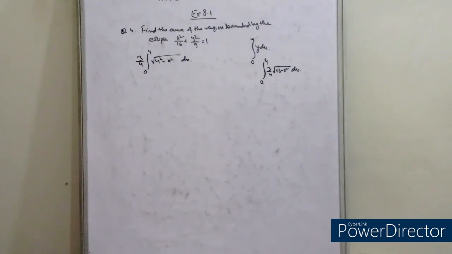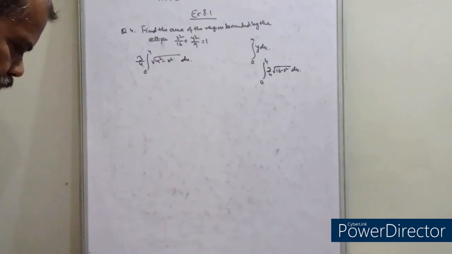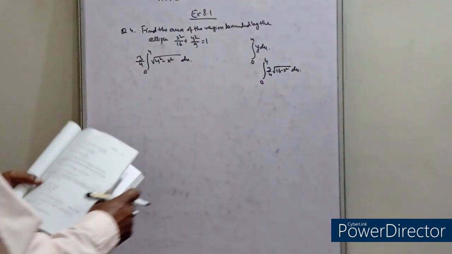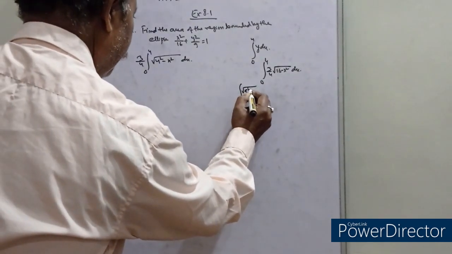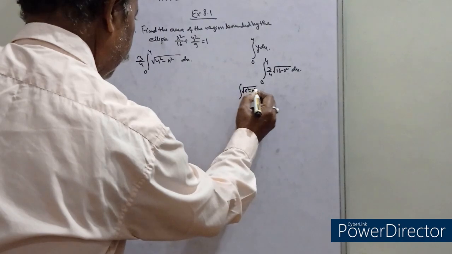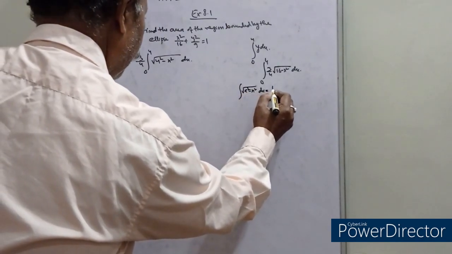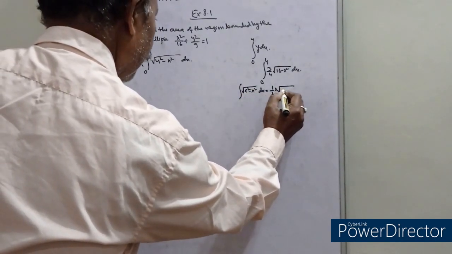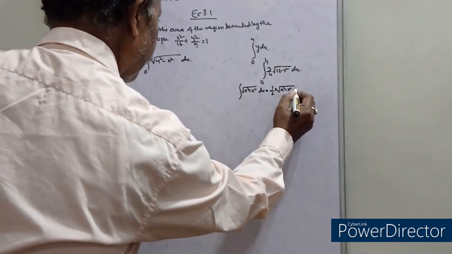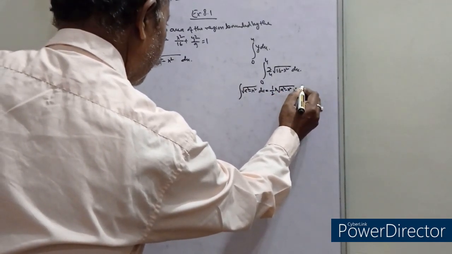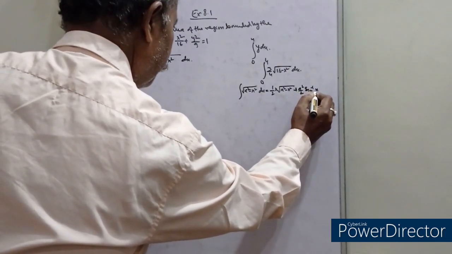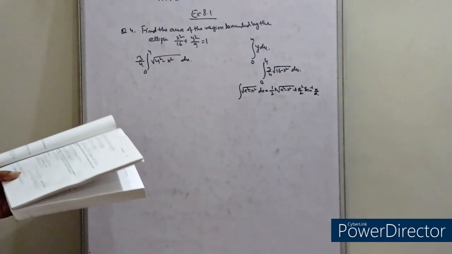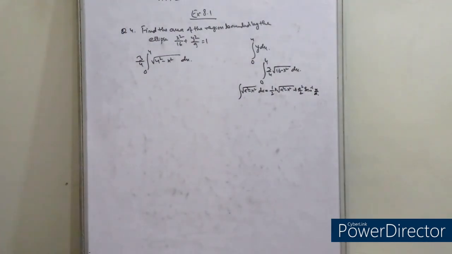So here I am going to use the formula: integration of root a square minus x square dx is equal to 1 by 2 x root over a square minus x square plus a square by 2 sine inverse x by a. I am going to use this formula here.